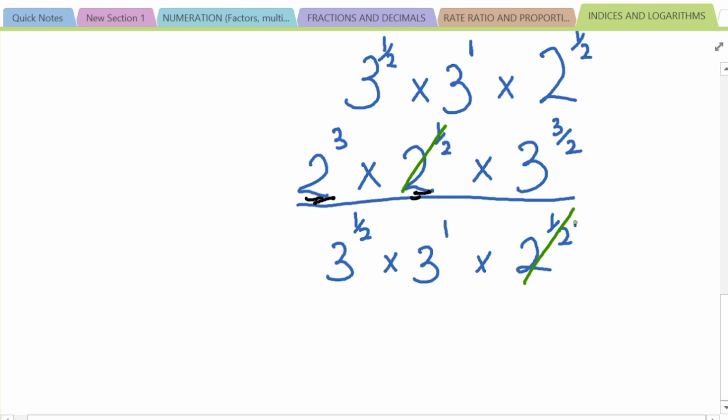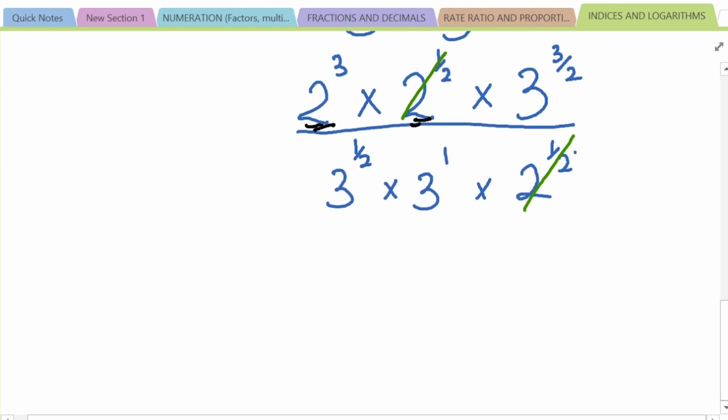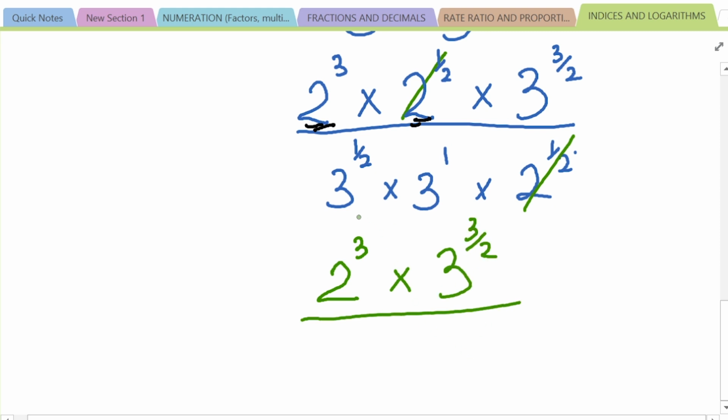And what do we remain with? We continue remaining on the bottom. On the top, we have 2 to the power 3. Multiply that by 3 to the power 3 over 2. Divide that by, of course, this is 3 on the bottom. The bases are the same. Add the powers, that is a half plus 1.